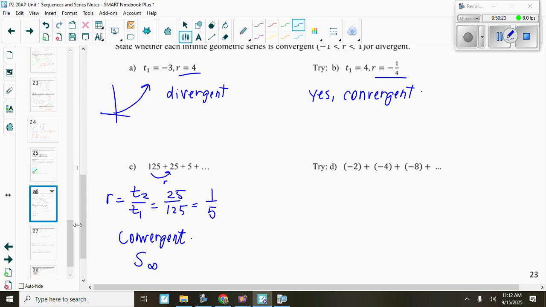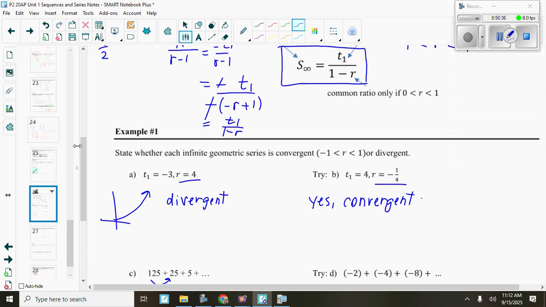On that sum formula, though, is it a common ratio only if R is between 0 and 1? What is this one? Yes. I don't know why they only have that.